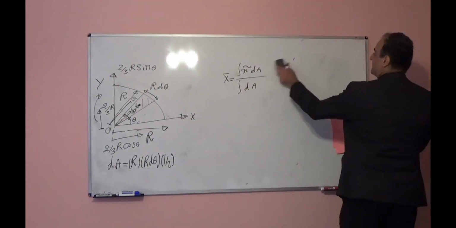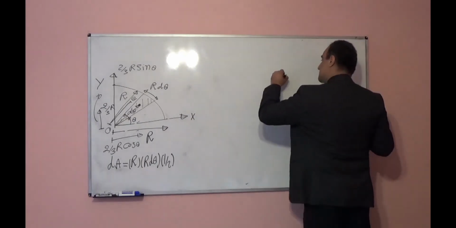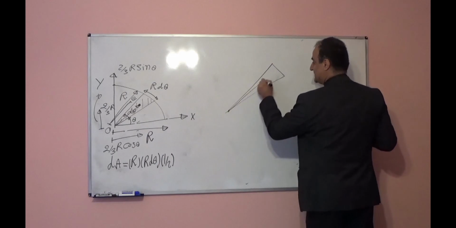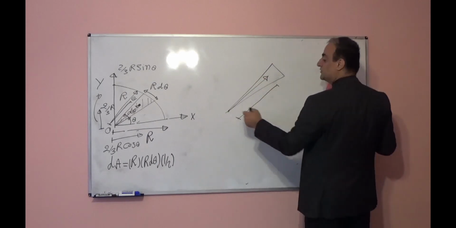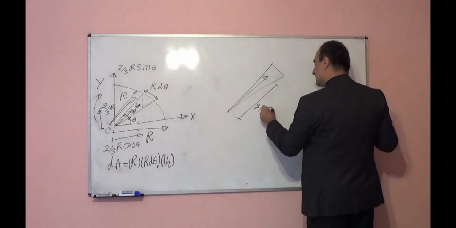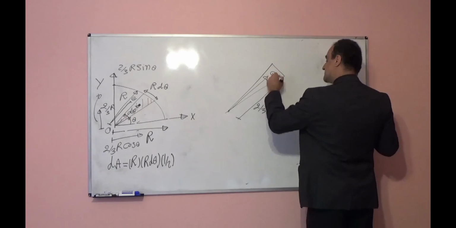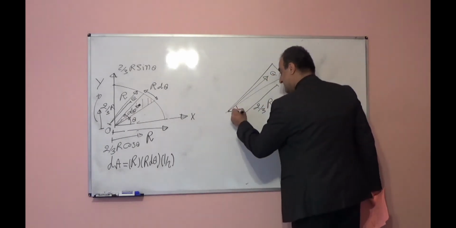I explain one more time. That element is triangle shaped. The centroid is 2/3 from the tip, because this is r. The centroid location will be 2 over 3 r. This angle is theta.